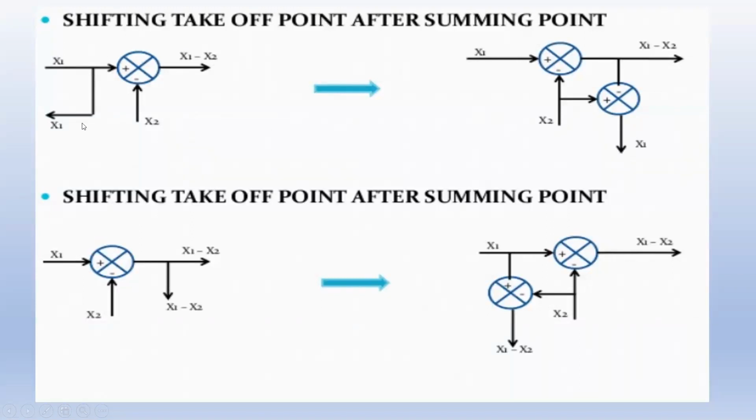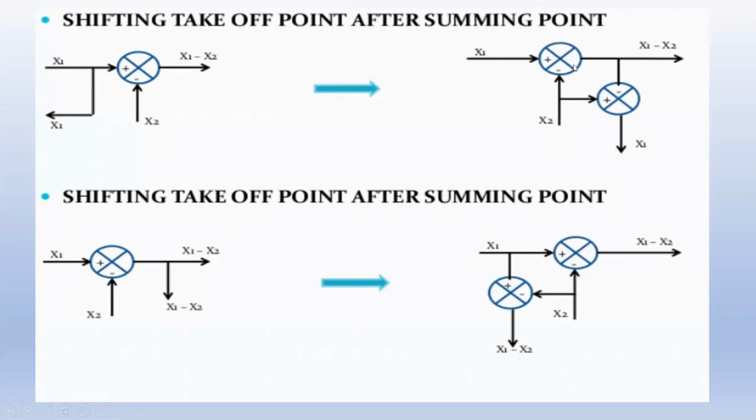So we need to eliminate this x2, which was subtracted from x1. For this compensation of the shifting, we add the x1 over here, thereby giving us two summing points.